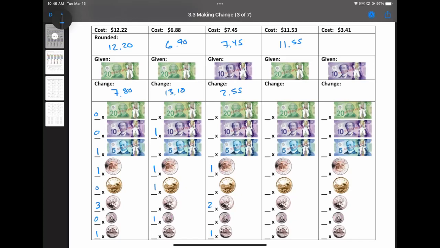If someone pays you with a 20, that's going to give you $8.45 change. And that would be 5, 6, 7, 8. And then 45 would be 1 quarter to get to 25 and 2 dimes to get to 45.